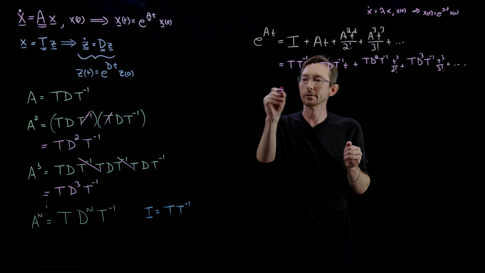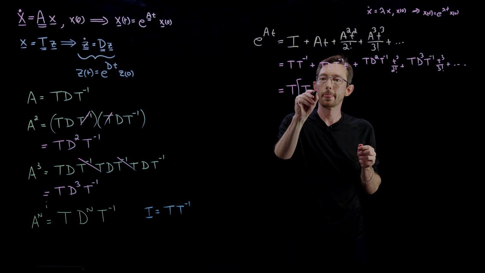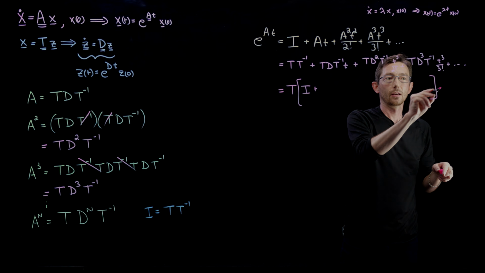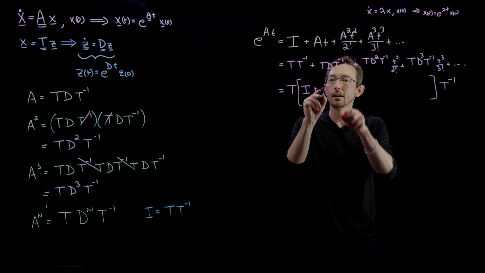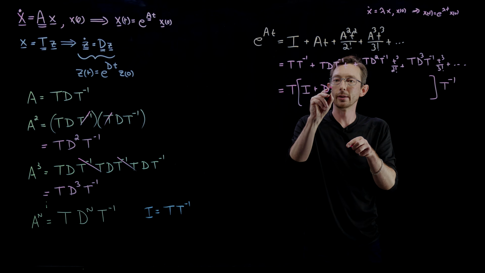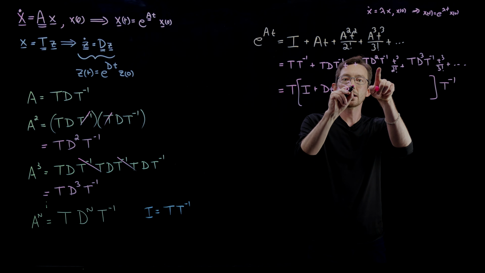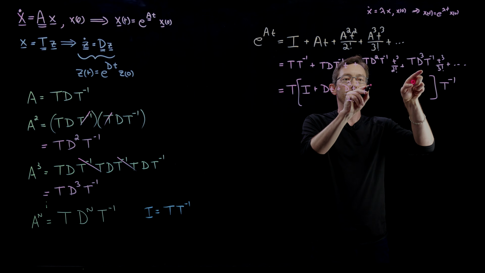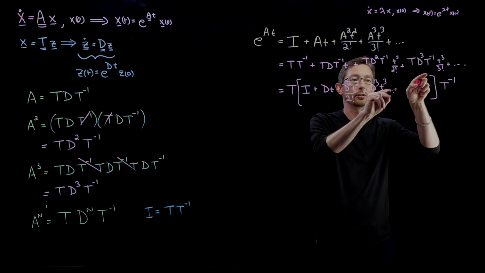And so that equals big T times identity plus dot, dot, dot, a bunch of stuff times T inverse. And the stuff inside is the identity plus a diagonal matrix D times t plus a diagonal matrix squared, D squared t squared over 2 factorial plus a diagonal matrix cubed, D cubed t cubed over 3 factorial plus dot, dot, dot.